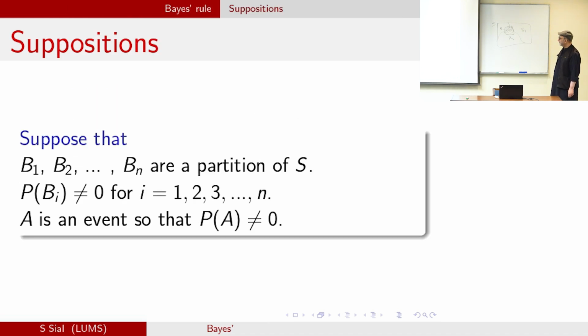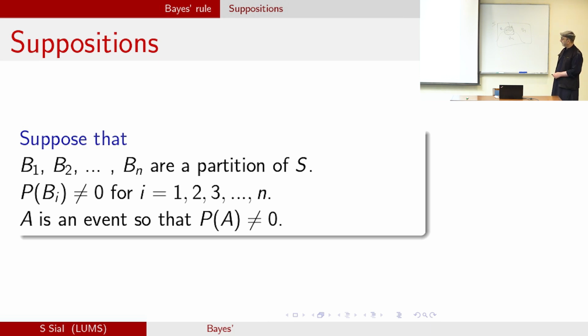So now, let's suppose that we have these BIs, B1 up to Bn. They're a partition of S. The probability isn't 0 for any of those. There's no need for such a set in your partitioning set. And there's some event A with a non-zero probability.